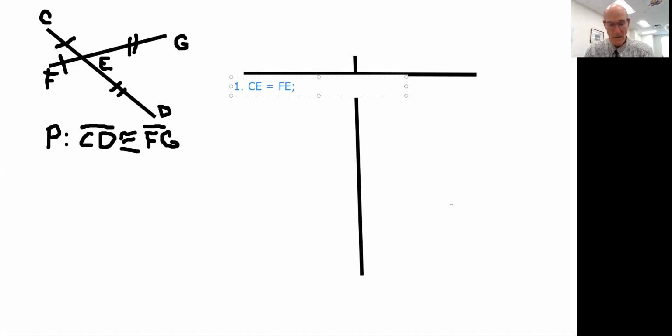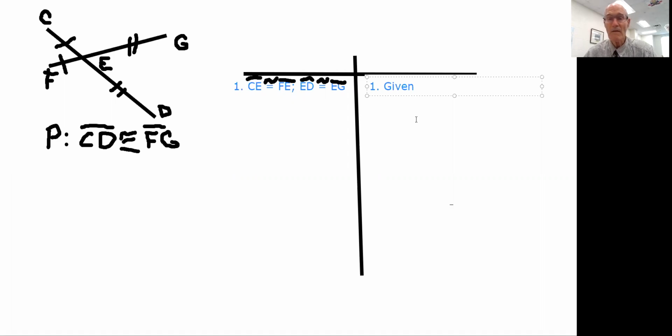And ED is equal to EG. So this is segment CE, put my congruent sign on here, and here's FE. And then here's ED, and I put my congruent sign, and that's EG. Now remember, the first statement is always given.